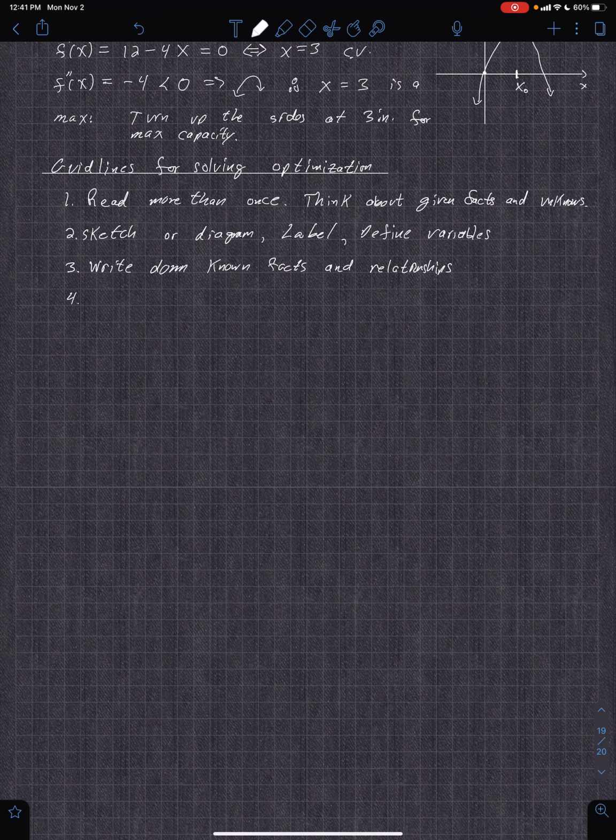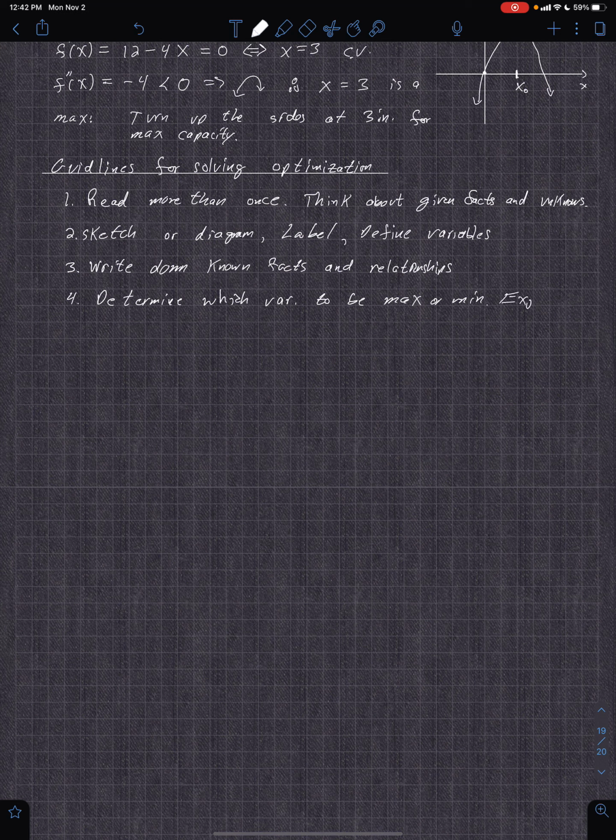Number four, determine which variable is to be maximized or minimized. This is another kind of tough step. Then express the function as one variable.